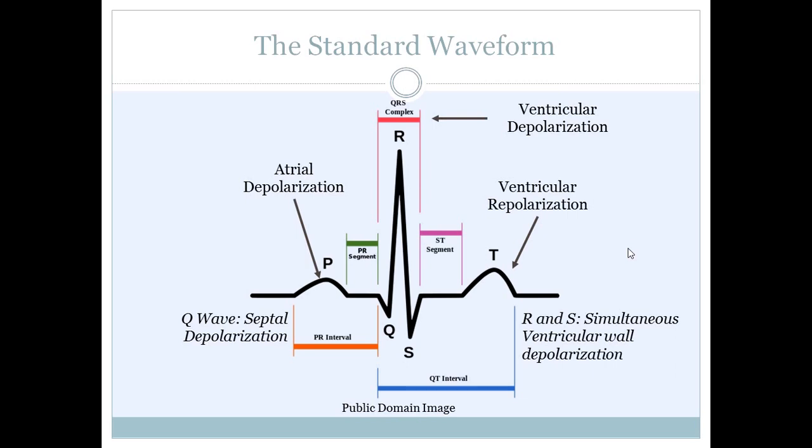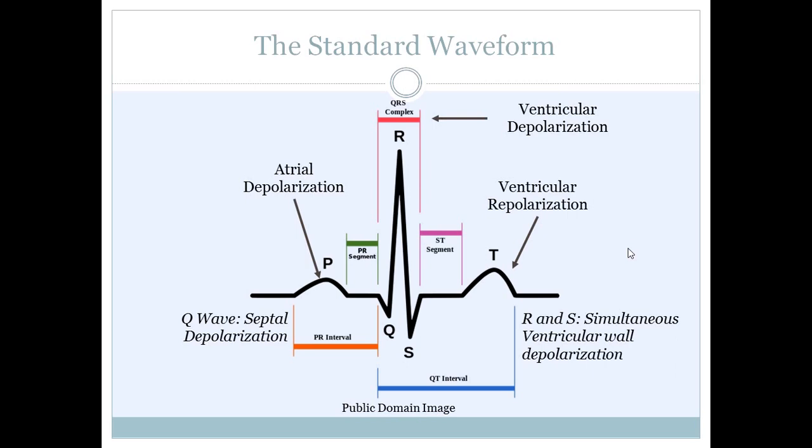The Q wave is the septal depolarization in between the ventricles, and it is the septal wall itself, not necessarily the bundle of His. The bundle of His is a bit more protected from the outside, and it's not usually measured except by pacemakers.